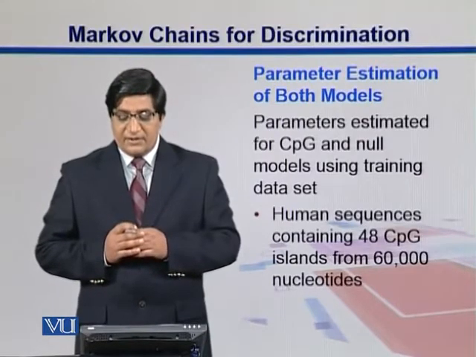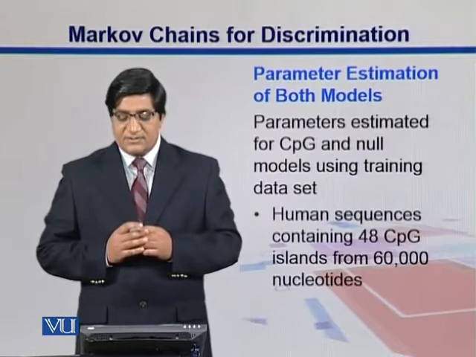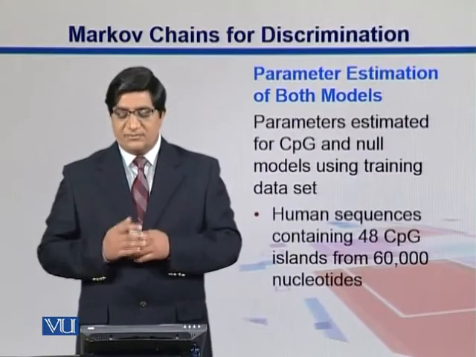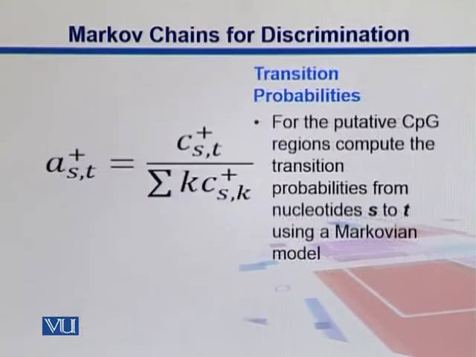They took 48 CpG islands from 60,000 nucleotide long sequences and made transition probabilities. A represents the transition probability, where S is any nucleotide and T is the second one, so moving from S to T is the transition probability.